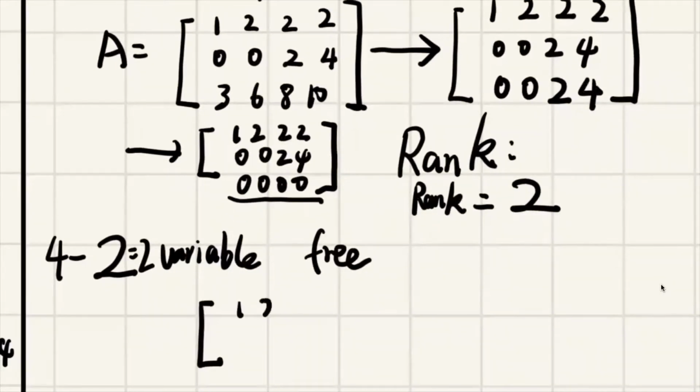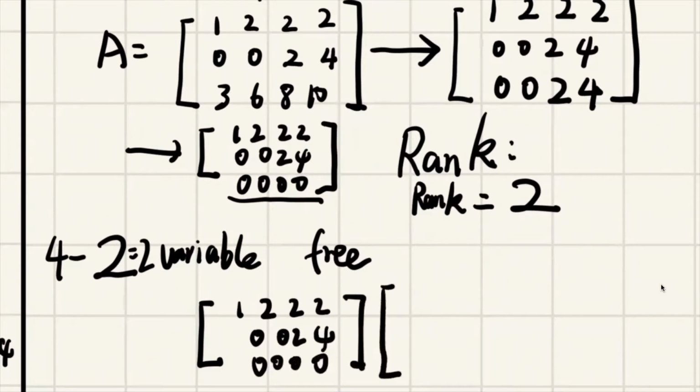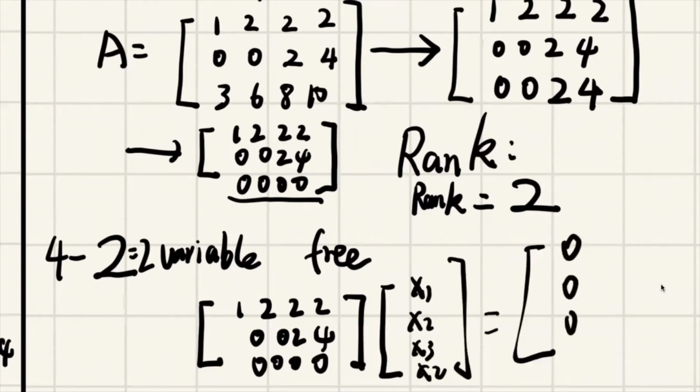Here we can have the matrix 1, 2, 2, 2, 0, 0, 2, 4, 0, 0, 0, 0 with x1, x2, x3, and x4 equals to 0, 0, 0, 0.